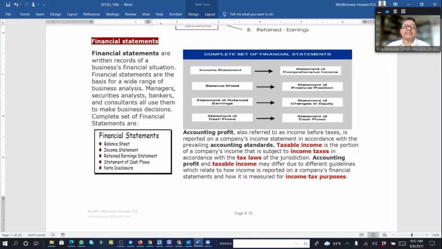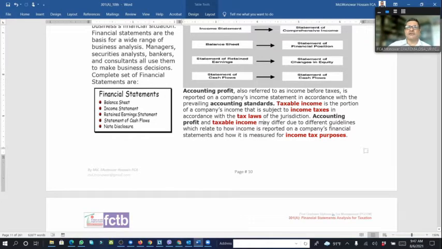So we can say that we have 5 components of financial statements: a statement of comprehensive income, a statement of financial position, a statement of changes in equity, a statement of cash flow, and notes to the accounts. And all are related to income tax.